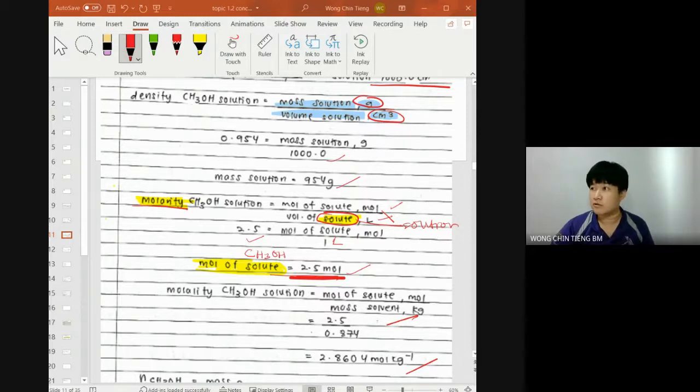Soalan 1C. Let's see. Walaupun assumption kamu lain, you should get the same answer by right unless you calculate wrongly. Semua berkira betul ke? 1C. Assume 100 centimeter cube, mass of solution.